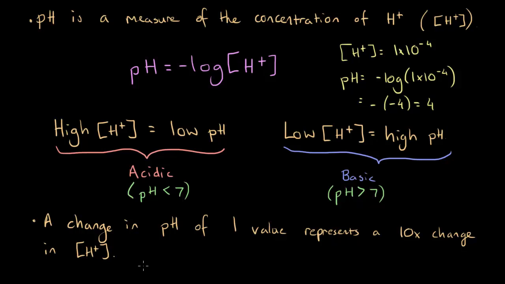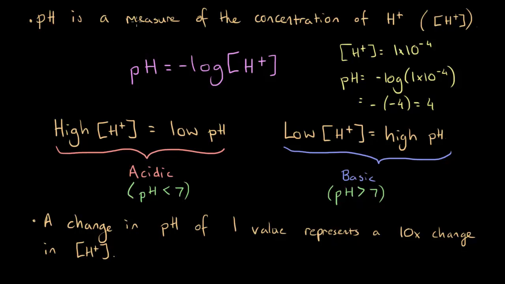So there is a lot of difference between something which is pH 1 and something which is pH 5, okay? And the things which are pH 1 and pH 2, they're going to be the very dangerous substances, whereas your household acids, they're going to be at a more intermediate pH.